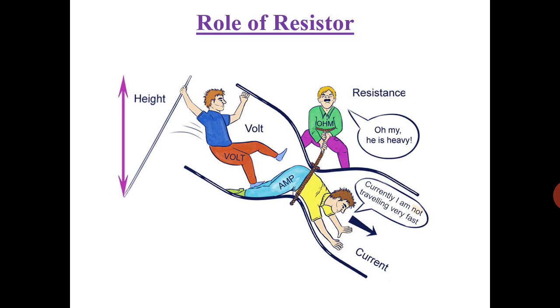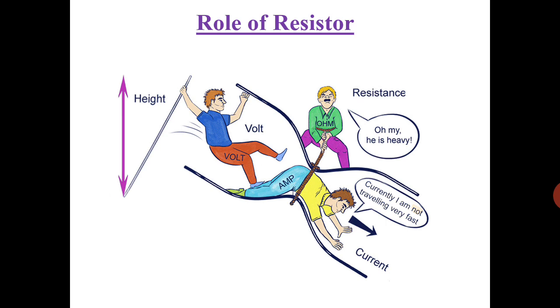So what is the result? He cannot move from that end to this end. The maximum the green shirt guy can do is resist the flow of the yellow shirt person from one end to the other. He tightly ropes him and resists to the maximum extent in order to prevent the flow.